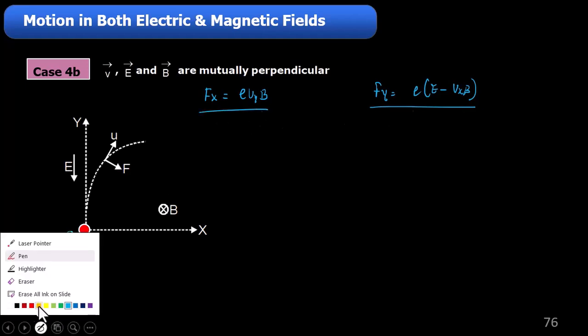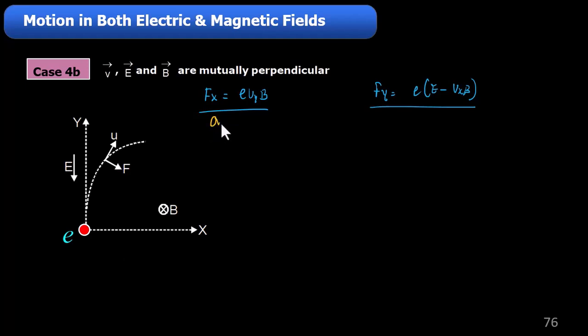Correspondingly, I can also say that the acceleration along x direction should be equal to e into Vy, B by m. Similarly, acceleration along the y direction should be equal to e into capital E minus Vx into B divided by m. So these are the two components of acceleration acting along x and y direction separately.